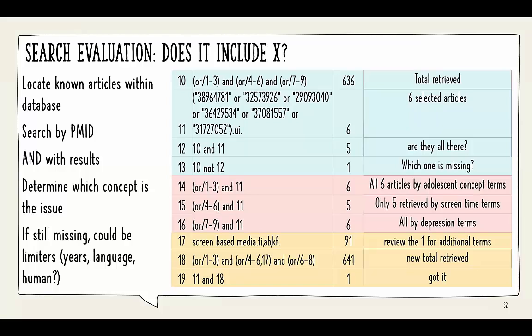And it's also important to, if you don't see something come up, but it comes up with all the concepts, it could be because you have a limiter in there. So I know sometimes I've seen it, oh, wait a minute, it's from 2009 and you said you only wanted 2014 forward or something like that. So it may also be important to look at whatever limiters you have as well if you're not seeing it.